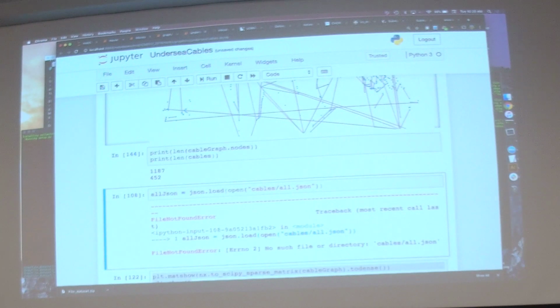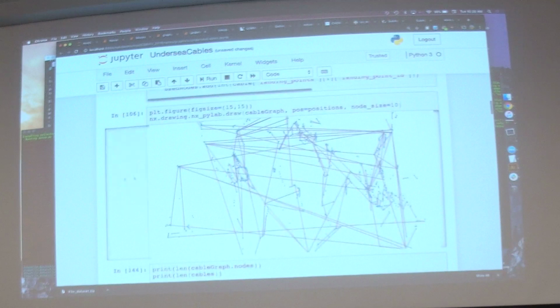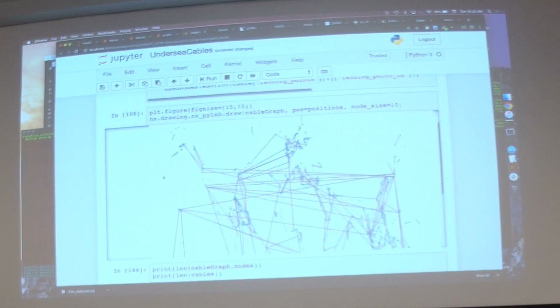So, at the least, 200 to 300 of these nodes are unconnected. Right. Any ideas where I went wrong on that? What the mistake in my logic on this was?